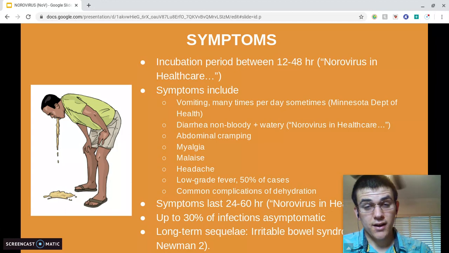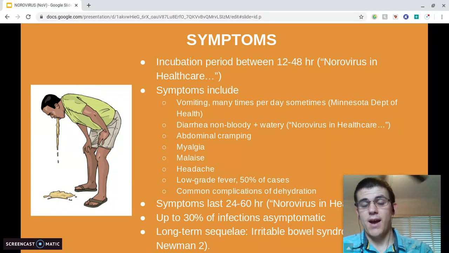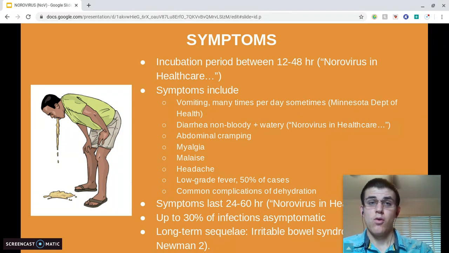The complications that could come of this is dehydration, and this happens usually in immunocompromised people or people that are adversely affected, or people in poor countries that can't afford access to clean water.